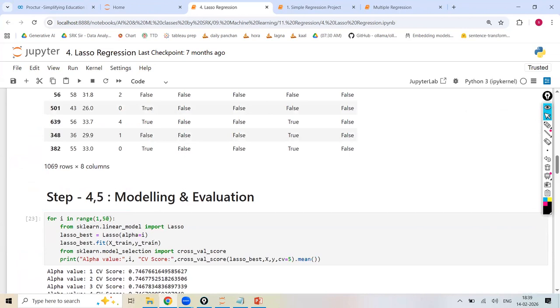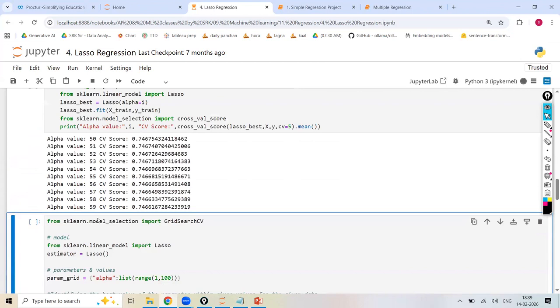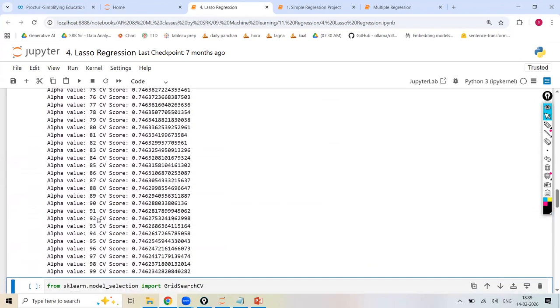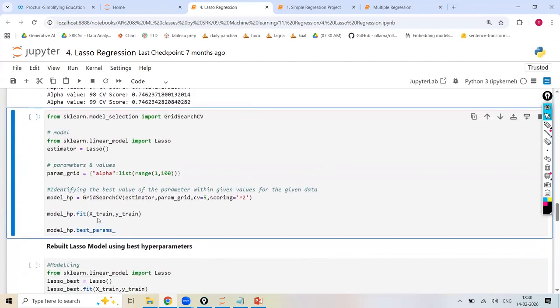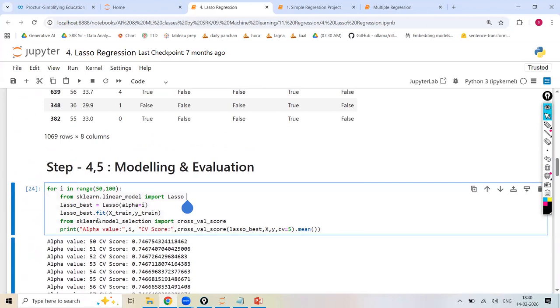Let us cross check like this. Can you see any variation in terms of alpha as you change the alpha value? Any variation?